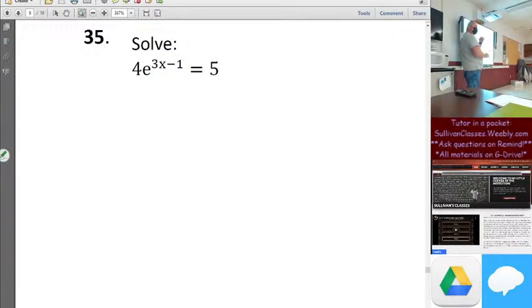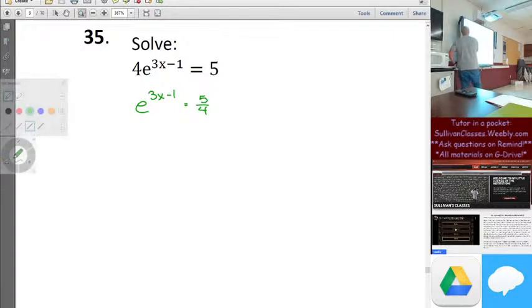Who's got to go away first? If I got E to a thing, how do I undo it to get X down out of exponent land? What kind of log? Natural log. ln.